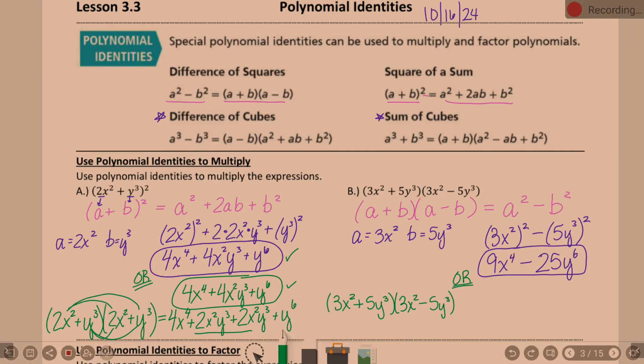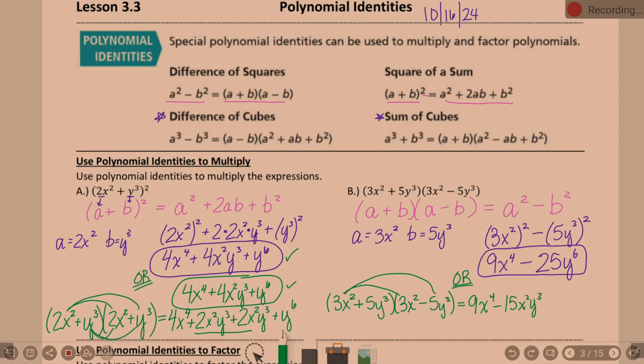Well, FOIL with me. 3x squared times 3x squared is 9x to the fourth. 3x squared times minus 5y cubed, minus 15x squared y cubed.